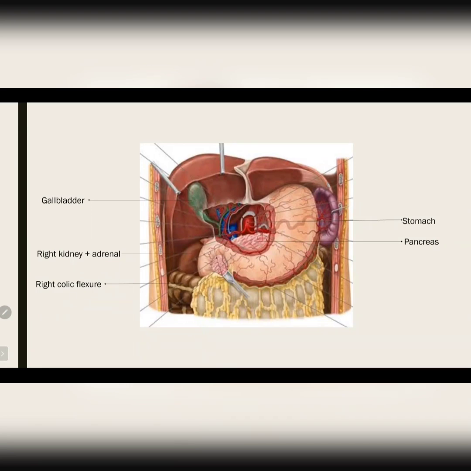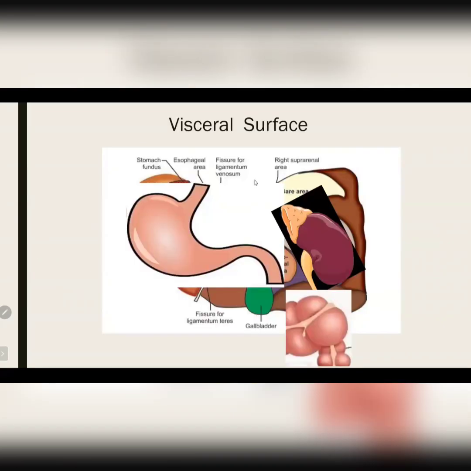But when you are learning the impressions on the inferior surface of the liver, all of these organs will be like a mirror image, something like this. So we learned about the esophagus, fundus of stomach, body of stomach, pylorus, and the duodenum. Just think about this a bit, and you will understand how these impressions are getting formed.